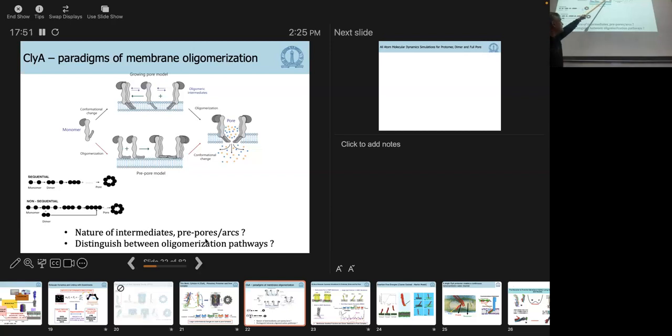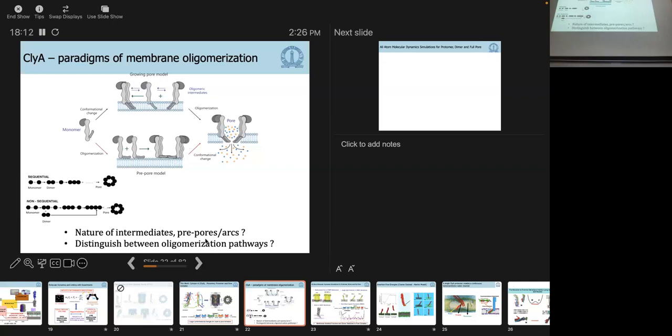And once they insert, there's a change in height, and you can essentially show the insertion process taking place. So you can classify these pre-formed non-inserted states and this fully formed inserted state. Finally, you reach the state where you lyse the cell. Whether you go through the growing pore or pre-pore model is an open question.